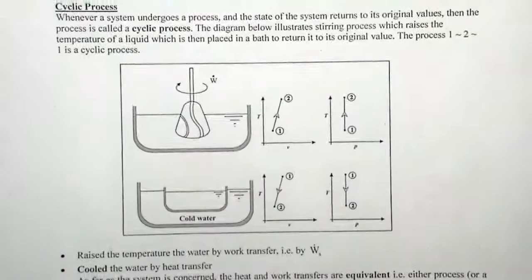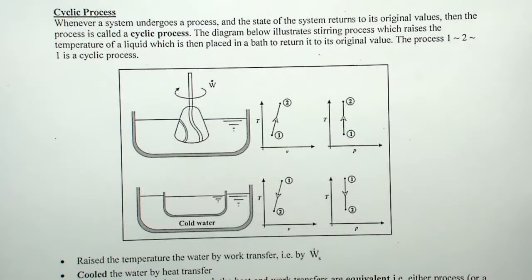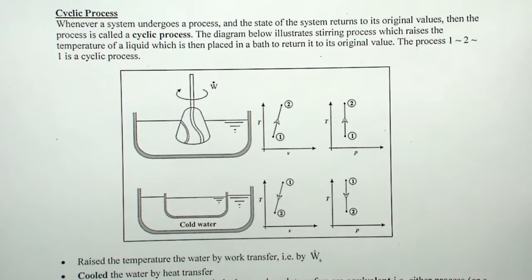Let's now go back to our cycle. This is a very nice and simple example of what a cycle is. Of course, we'll come back to a lot more complicated cycles towards the end of the course.